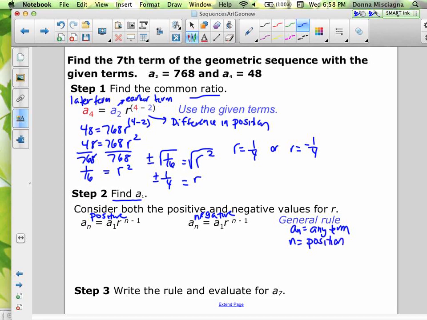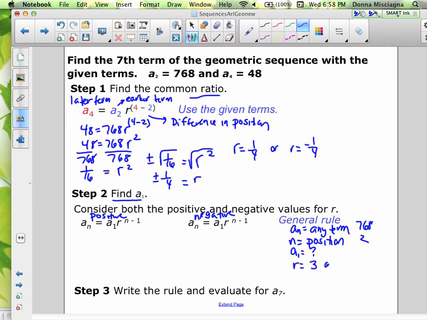In this case, it really doesn't make a difference, but I'd like the smaller exponent, so I'm going to take the 768.